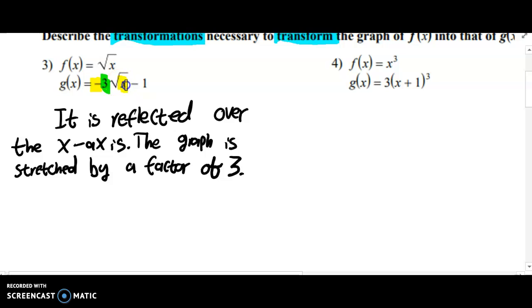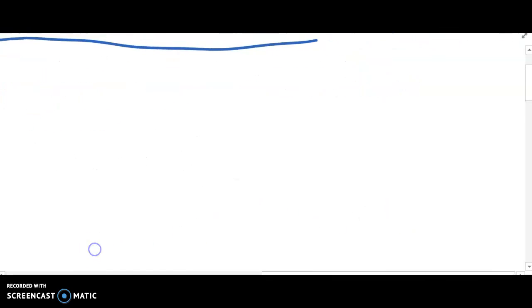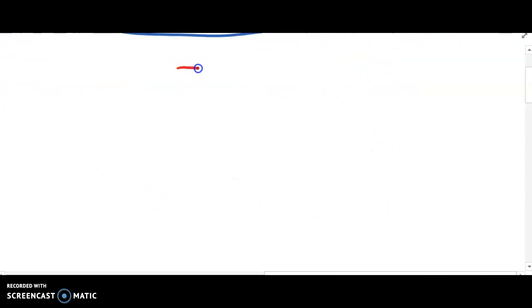Now we see this x. The x is by itself, so there is no shift left to right. There is no horizontal shift. I want to clarify horizontal and vertical really quick. Horizontal means left and right.